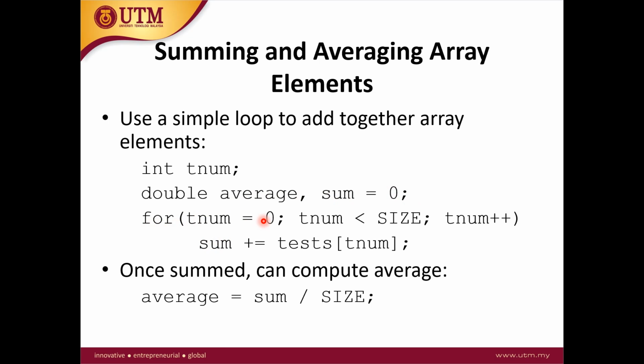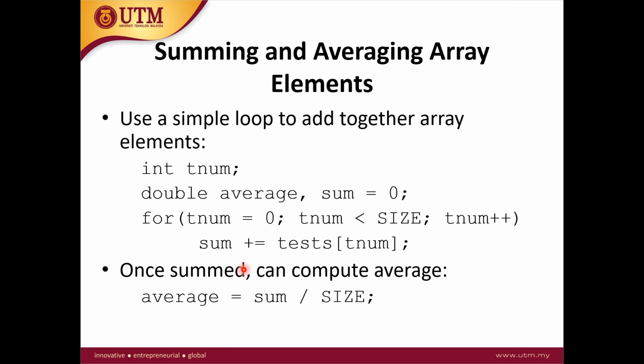When we are accessing the element at index 0, we say the new sum equals the old sum plus tests of index number 0. Then the index is going to be 1. Is 1 less than size? Yes, it is going to be added to the old sum. They are going to be added all together.